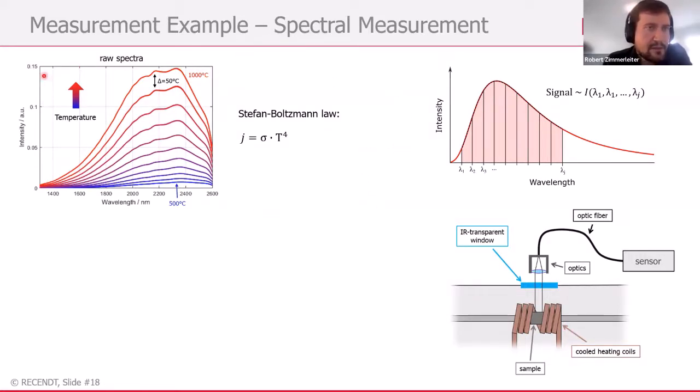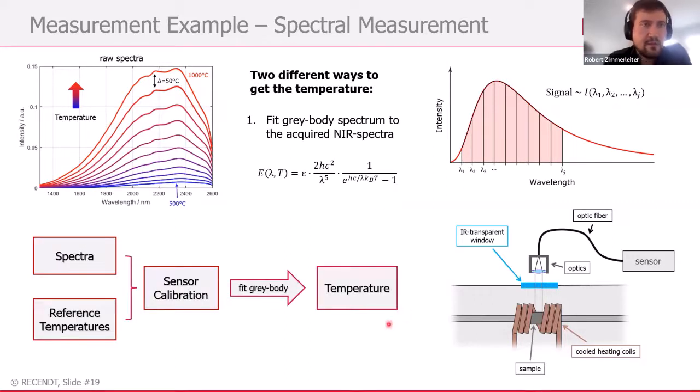And now from this spectral data, we have different ways of calculating our temperature. The first I want to shortly talk about is the fitting of a gray body spectrum to the acquired near-infrared spectra. We know that our sample inside should behave more or less like a gray body given by this formula.